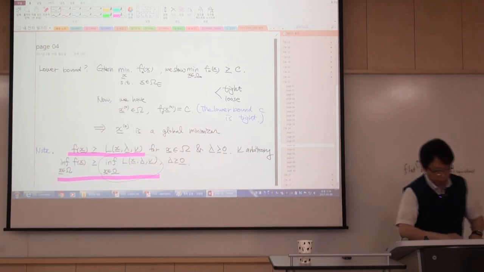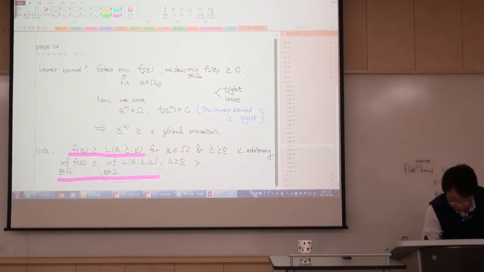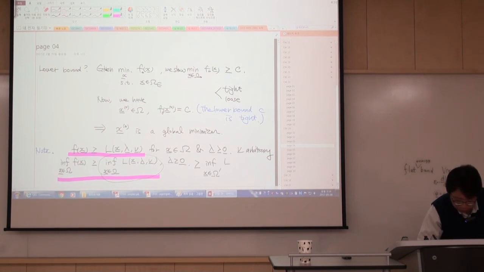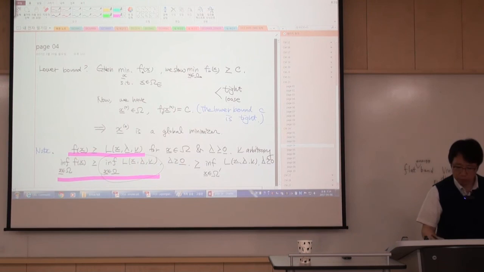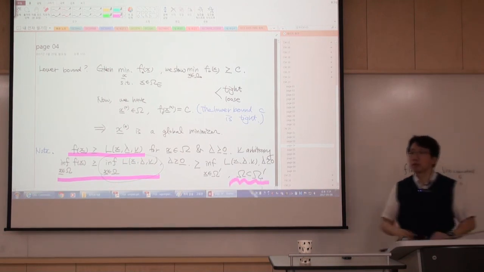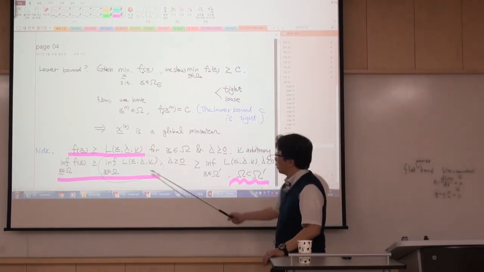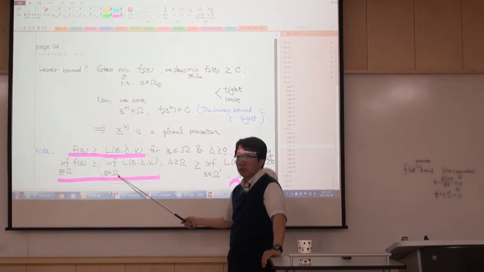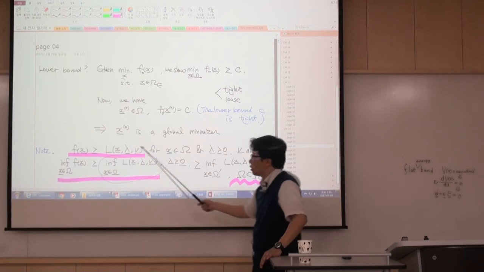So what you have is that, for some omega prime. Am I right? See that? From here to here is obvious. x is still in the constraint set. Now you just focus on this right-hand side.